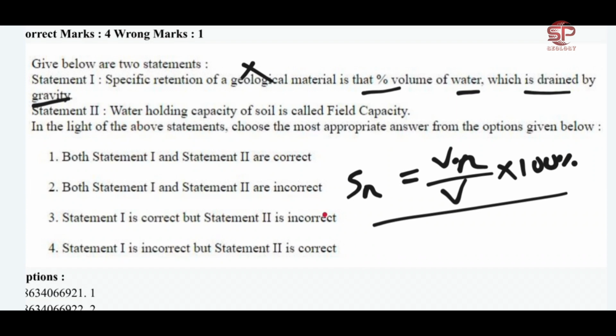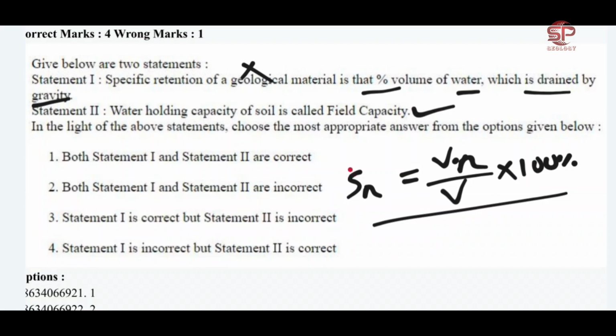The water holding capacity of soil is called field capacity. Field capacity is the remaining water in the soil after we saturate the soil and then allow it to drain. So it will be incorrect.